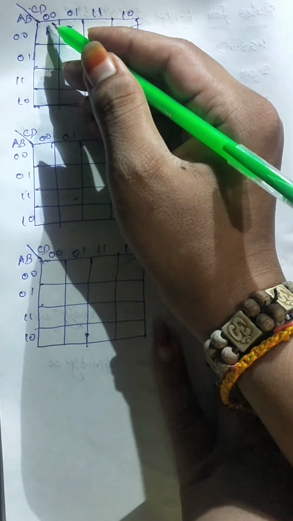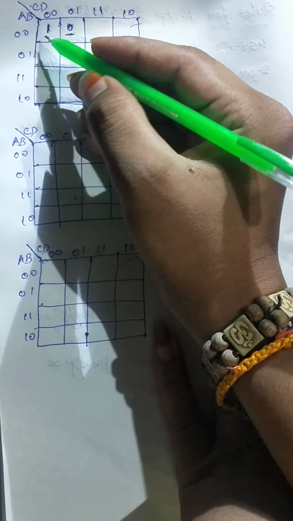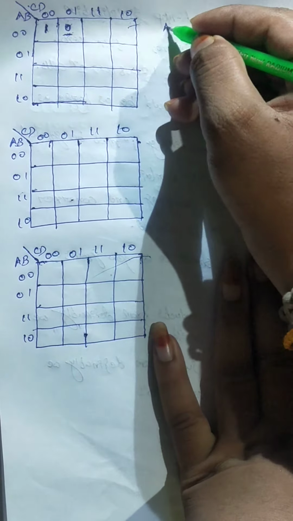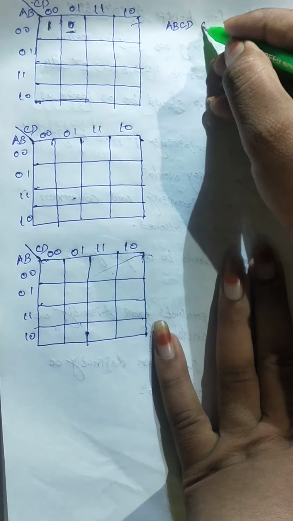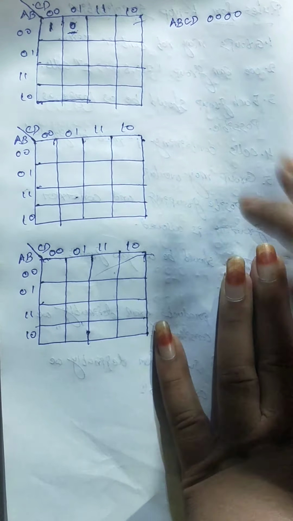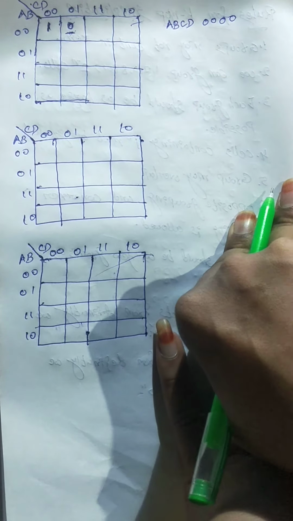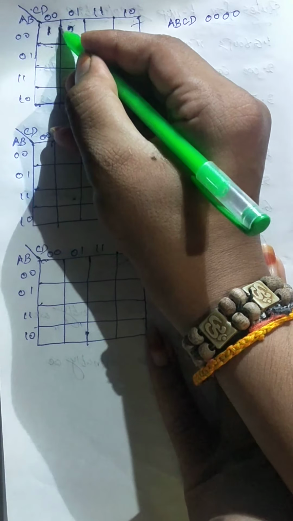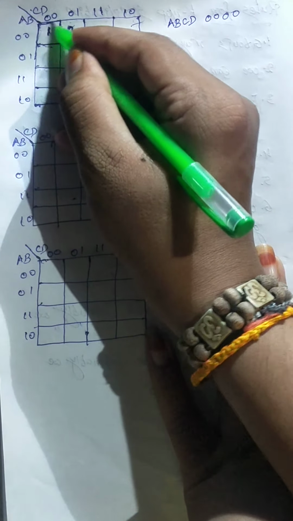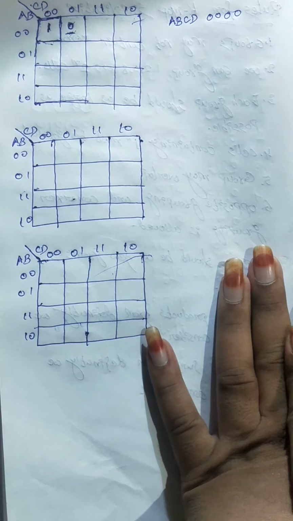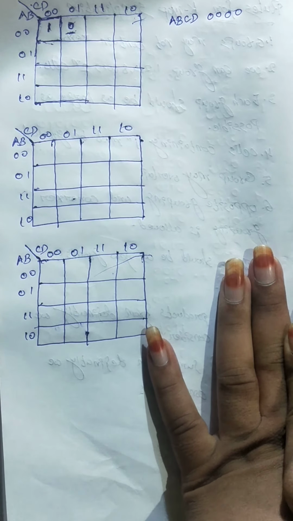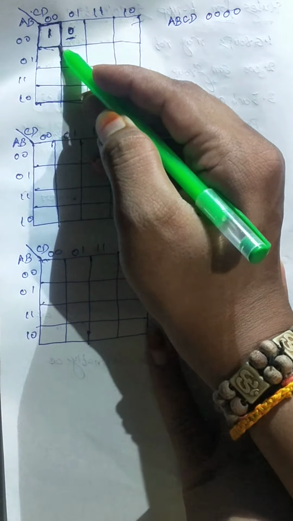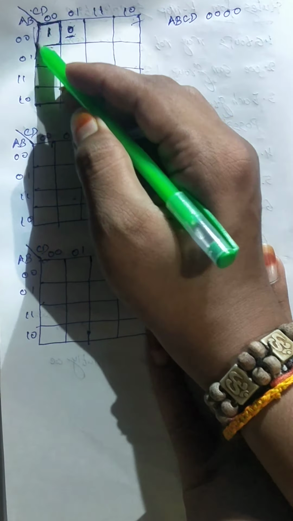We can consider only 1. Therefore the combination will be taken as A B C D equals 0 0 0 0. Here the value exists in a single cell, therefore this is a single group cell.